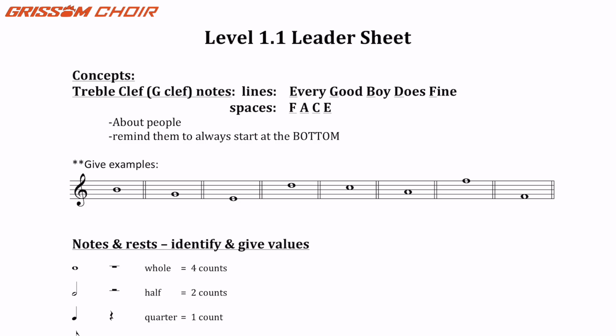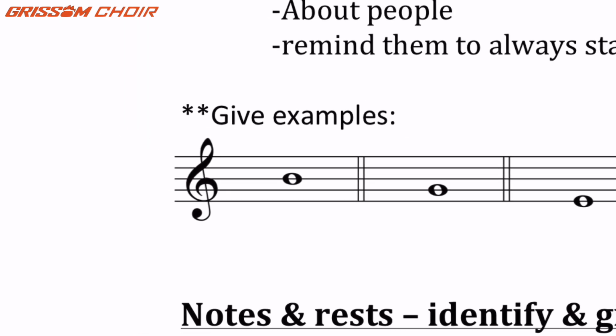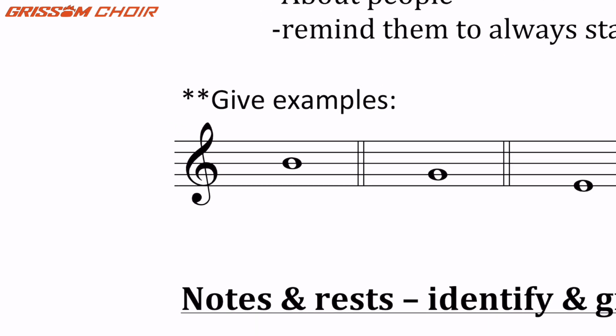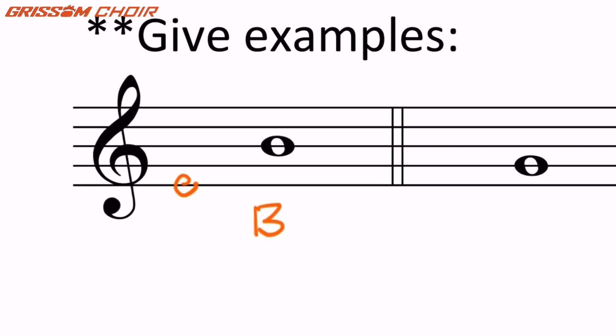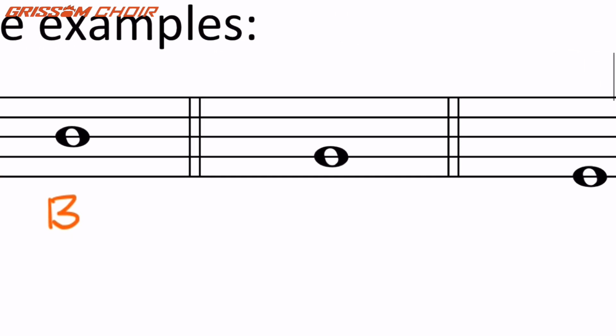Let's take a look at these examples. This first example, that note is on the middle line. The middle line, every good boy. It must be a B. Bottom line is E, G, B. Every good boy. Next example on this line.